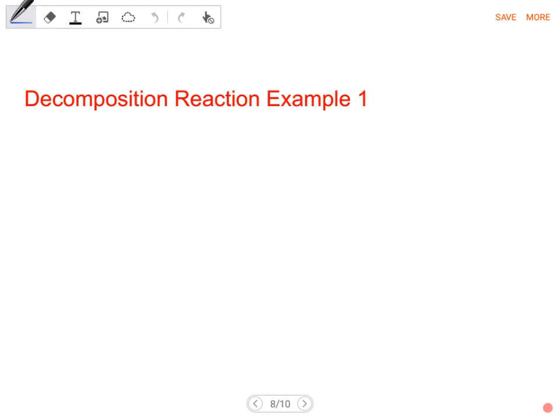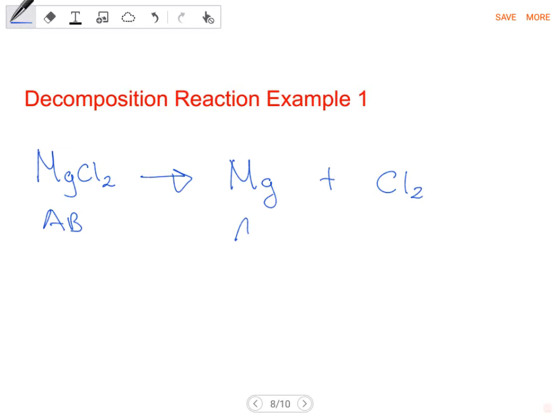We can try anything here that we want. Nothing here is too difficult. Let's try MgCl2. Well, that's going to be your AB. That's your compound. It's going to break apart into its 2 elements, Mg plus Cl. Now remember, chlorine by itself has to have a 2, A and B. Nice and easy.